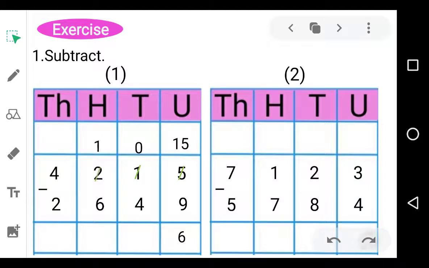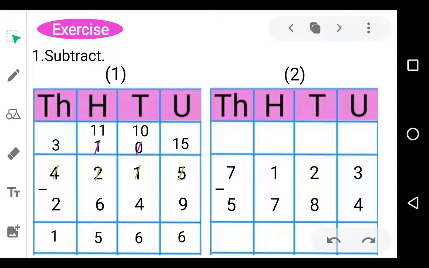So this 2 will be 1, and at the tens place this 0 will be 10. Now 10 minus 4 is 6. Again at the 100 place we cannot subtract 6 from 1. So borrow 1 from the 1000 place. At the 1000 place 4 will be 3, and at the 100 place 1 will be 11. 11 minus 6 is 5. Now at the 1000 place, 3 minus 2 is 1. So here we get the answer 1566. Now see the next one.